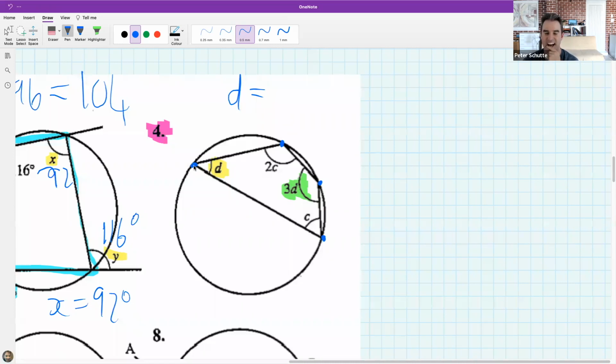Yes, Ellington, that is the magic word I was looking for. Very good. Even though it looks like a very strange cyclic quad, it is indeed a cyclic quad. So you know that these are a pair of interior opposites. So what does that mean about D plus 3D? That could be helpful.